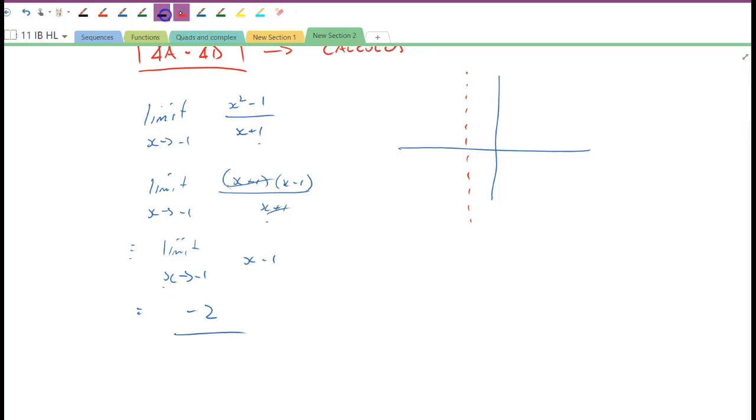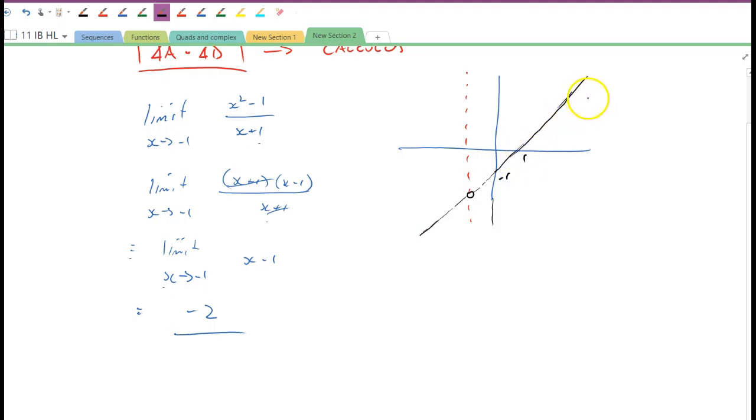So what this thing actually looks like is just the function y equals x minus 1. If you think about this, it simplifies to x minus 1. So of course that's the graph of it. It's a straight line going through here. If we just drew x minus 1, it would go through, wouldn't it? We've just got to break it there, and then it just runs through. It's a straight line going through minus 1 there, 1 there.